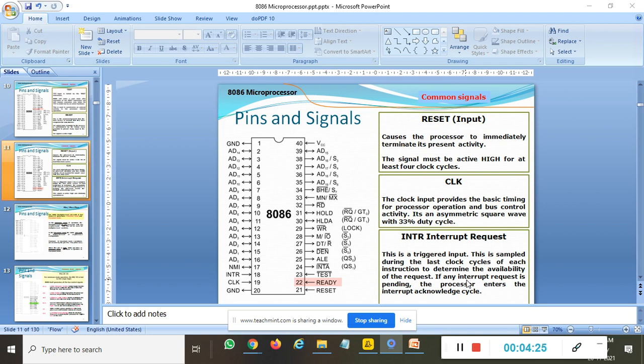Is there any request after completing any instruction or operation? Is there another operation or request left? It checks the availability of the request. If any interrupt request is pending, the processor enters the interrupt acknowledgement cycle.